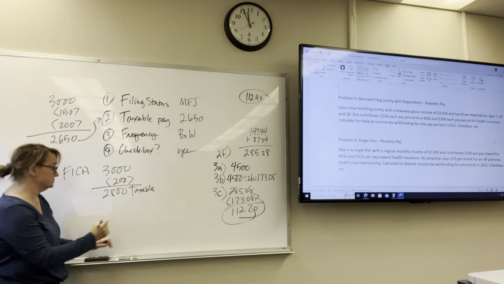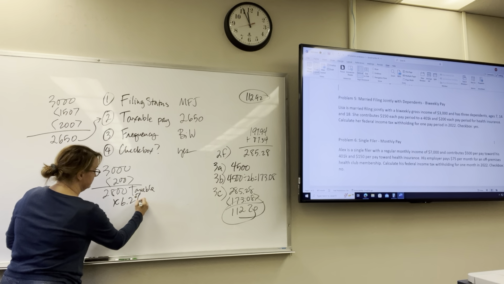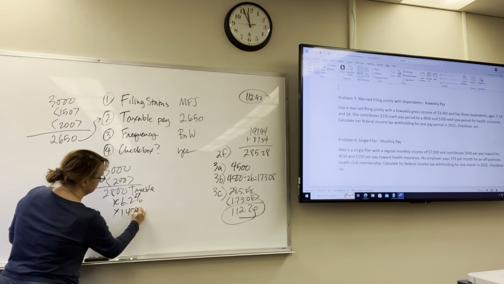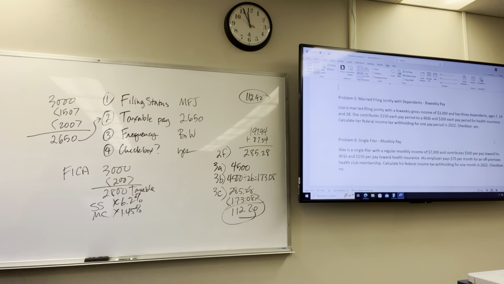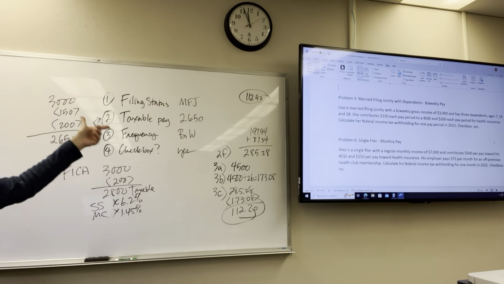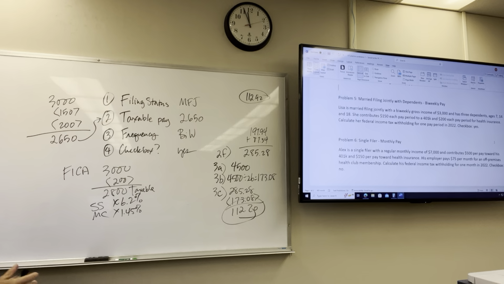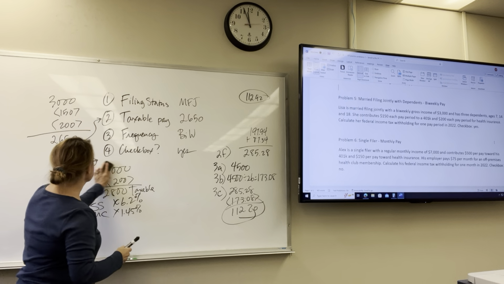This is what we would use to multiply by 6.2% and 1.45% for our Social Security and Medicare. Slightly different amounts that you're going to use. Your tax base is different. Remember, we started out this chapter talking about tax base times tax rate giving us our tax. In this case, our tax base for FICA tax purposes is different from our tax base for federal income tax purposes. Okay? All right, let's look at the next one.